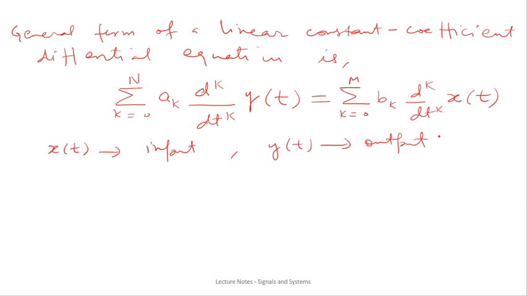The integer capital N, which is shown here, will be called the order of the differential or difference equation, and it corresponds to the highest derivative or the maximum memory. So this can be called the order of the differential equation.